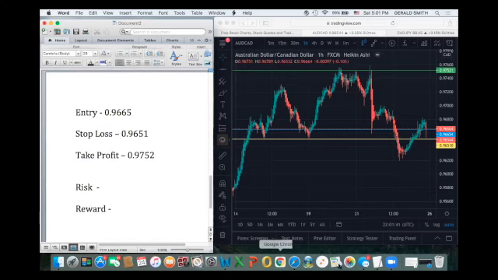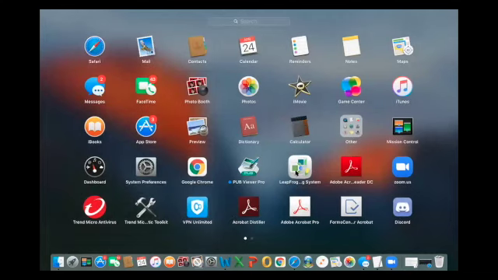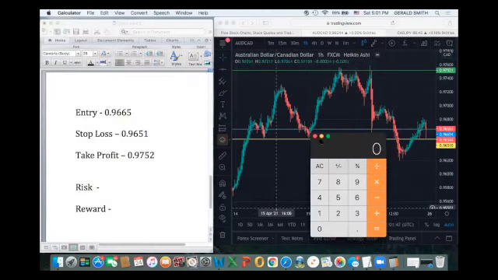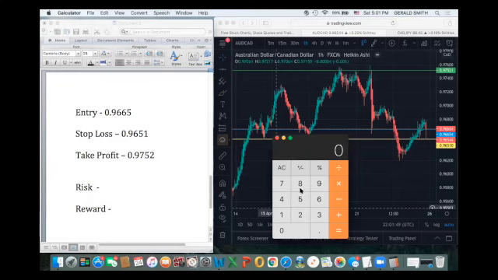Now let's do the math again. So the entry is 0.9665. Remember to always subtract the stop loss, which is 0.9651, equals 14.